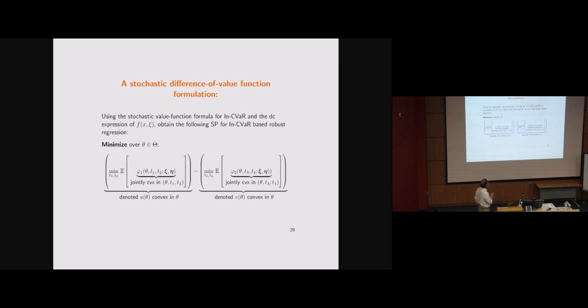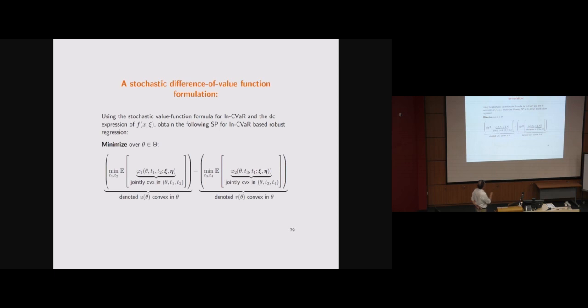Expectation is over the randomness, and these are dummy variables that come up in the CVaR formulas.